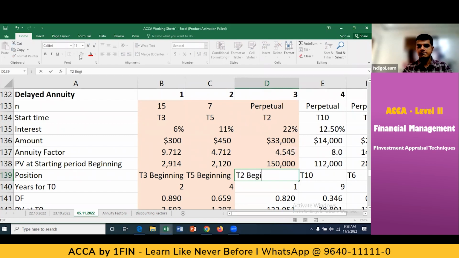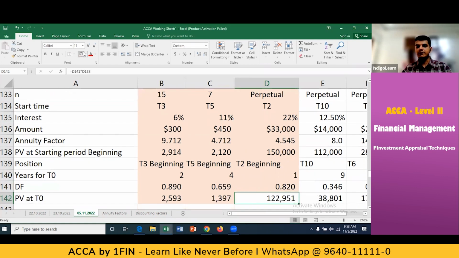We want it at year 0, correct? So we put the discounting factor for 1 year at 22%: 1 divided by 1.22 is 0.820. We multiply and get the amount at year 0, that is 122,951.